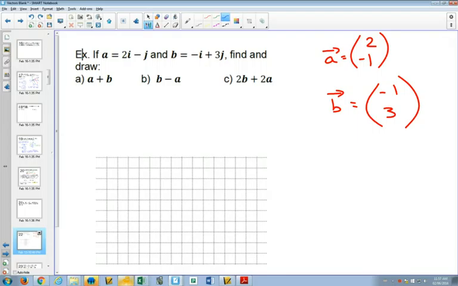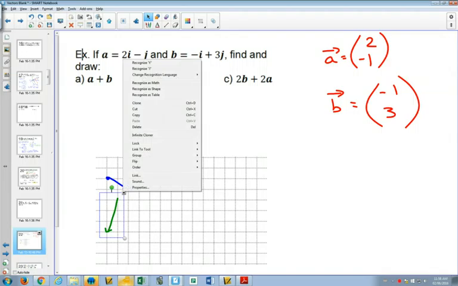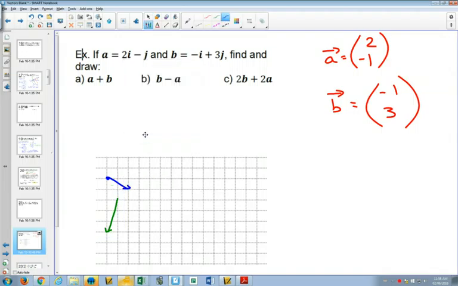What we could do is we could draw, what does 2, negative 1 look like? Over 2, down 1. What does negative 1, 3 look like? Over 1, down 3. This is my vector A. This is my vector B.